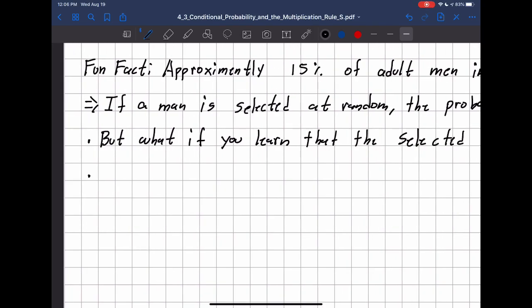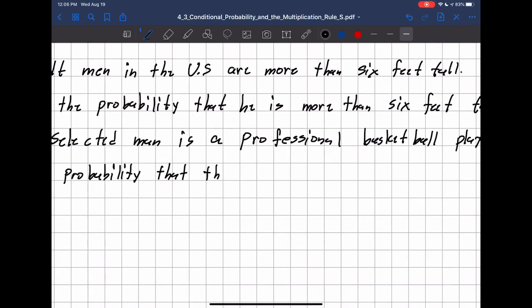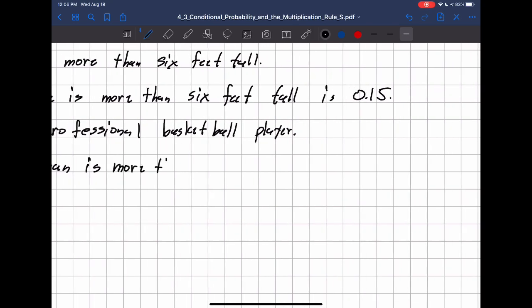So with this extra information, we know that the probability that this man is more than 6 feet tall is actually going to be a lot bigger than 0.15. And if you actually do the probability, it's almost going to be certain that he's going to be over 6 feet tall.